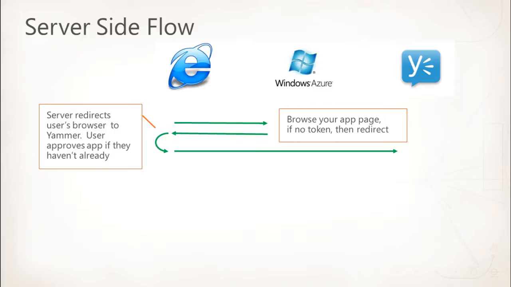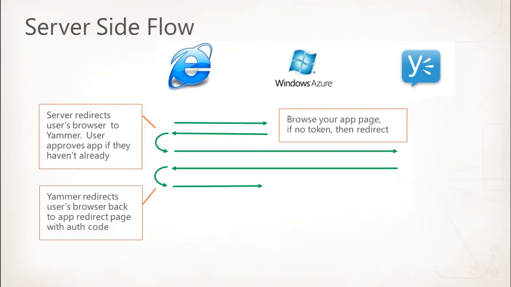And when the user clicks OK on the button on the dialog to say, yes, it's OK for mycooldocuments.com to access my Yammer feed, Yammer will redirect the browser back to my web page on mycooldocuments.com. What it'll do is it'll contain a code. The code is just a randomly generated code that's sort of specific to my particular application.